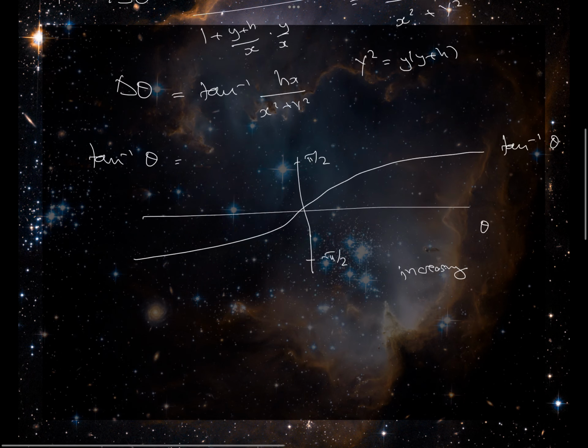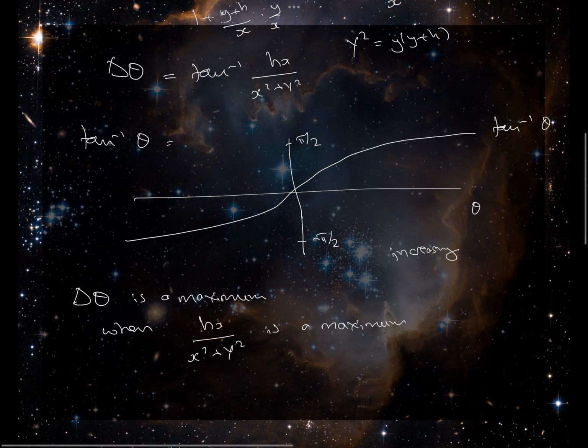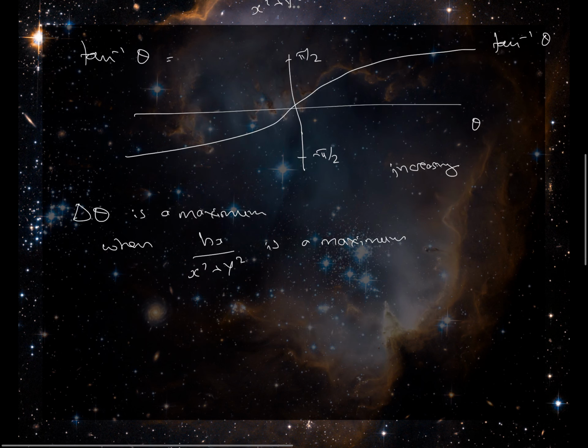So to find out where delta theta reaches a maximum, we need to find when hx over x squared plus y squared is a maximum. This is a positive number, and that's the same as saying x squared plus y squared over hx is a minimum.